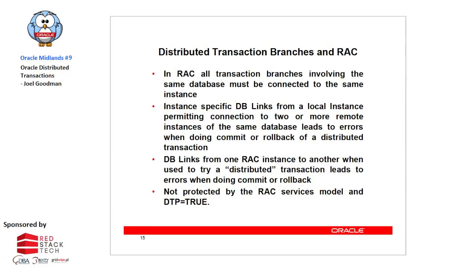You had to connect to every instance, or people would create these DB links from instance to instance, put a view on top of them, and do some kind of UNION ALL query in the view to access all the V$ views. You could still do that, but you'd be wasting your time because we have global GV$ views. So the fact that there were DB links maybe in somebody's heritage from instance to instance may have led them astray. Well, why don't we try using that and being clever? And it causes all kinds of weird things. They're not supported anyway.